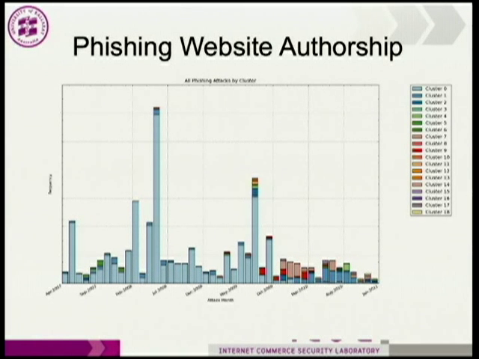Now, independent correlation shows that the light blue group is Rockfish, which were very prolific in 2008, 2009, and then at October 2009, you can see that they pretty much died. And this correlates with what we know externally. So we're able to track different phishing groups without knowing beforehand what those groups are, and this gives us a lot of intelligence.